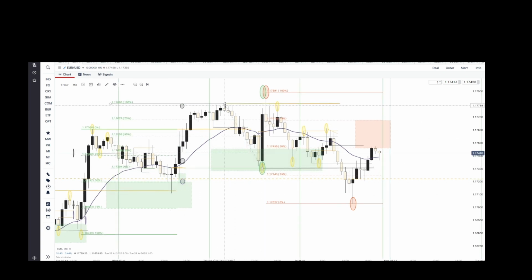So there's the low. There's the low that creates the new high. And we're looking between 50 and 75%.